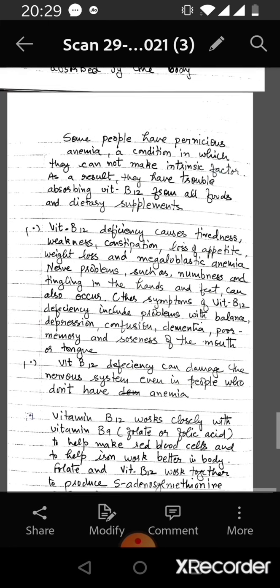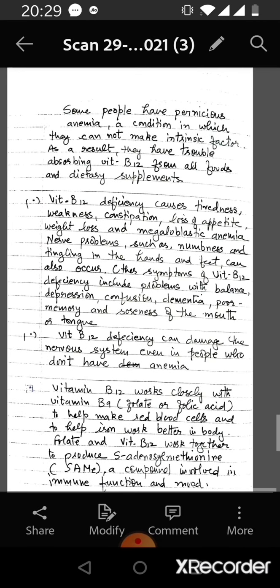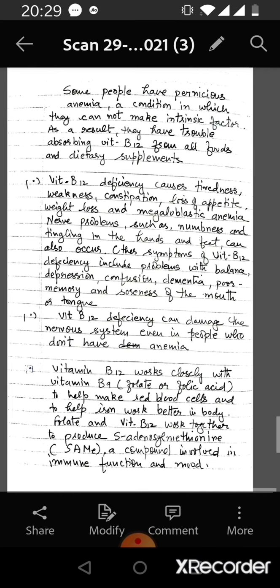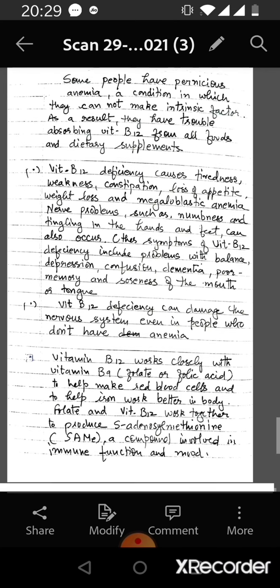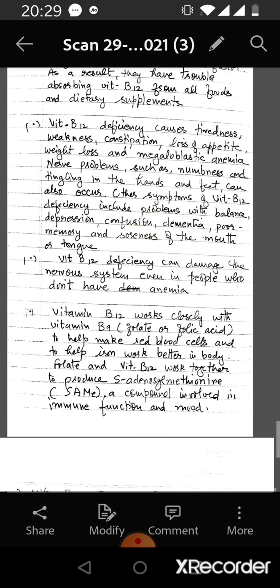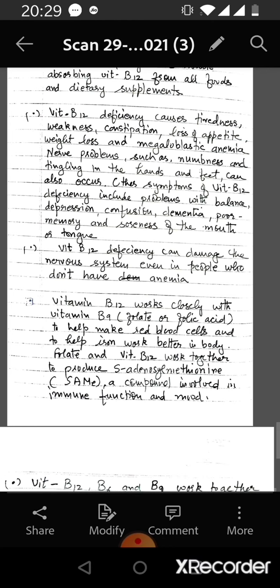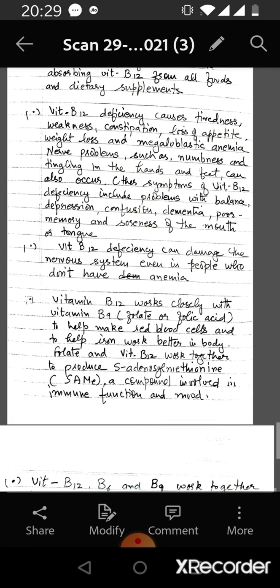Some people have pernicious anemia, a condition in which they cannot make intrinsic factor. As a result, they have trouble absorbing vitamin B12 from all foods and dietary supplements. Vitamin B12 deficiency causes tiredness, weakness, constipation, loss of appetite, weight loss, and megaloblastic anemia.